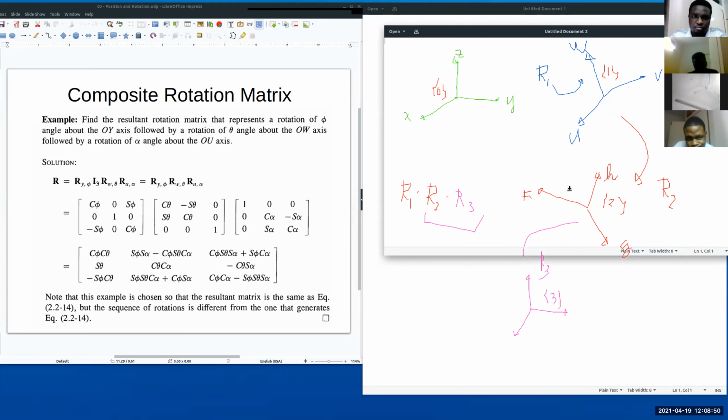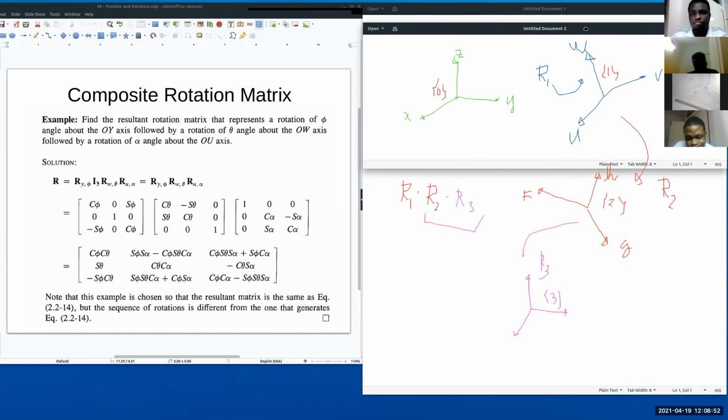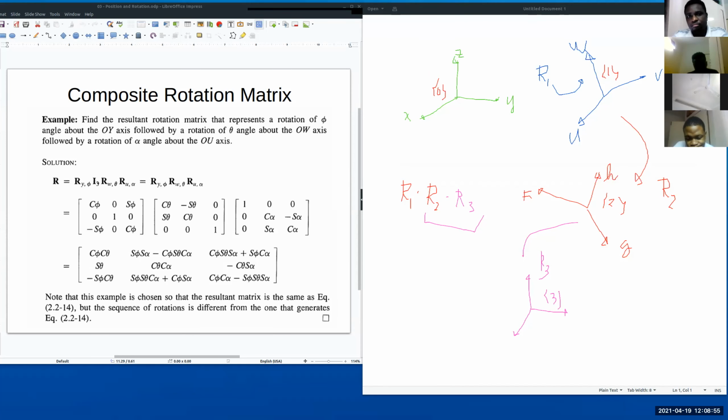I cannot cover it, it's on top. Anyway, if we move from here to there, it is a pre-multiplication, because this frame moves with respect to this frame.